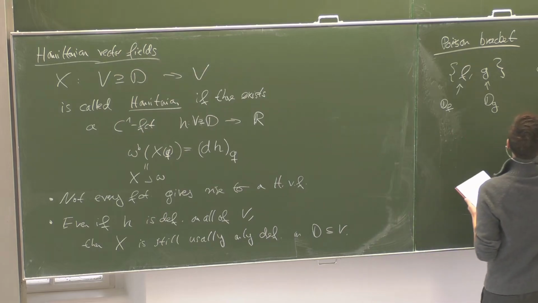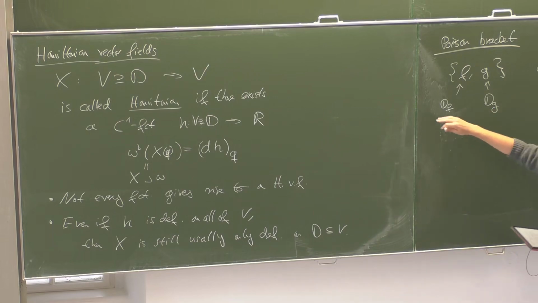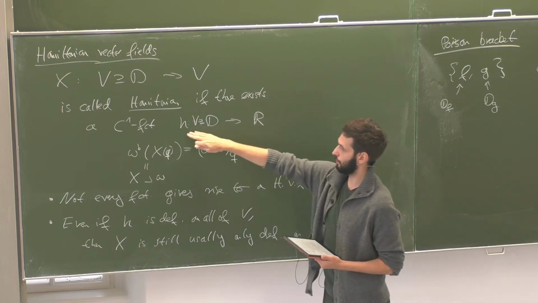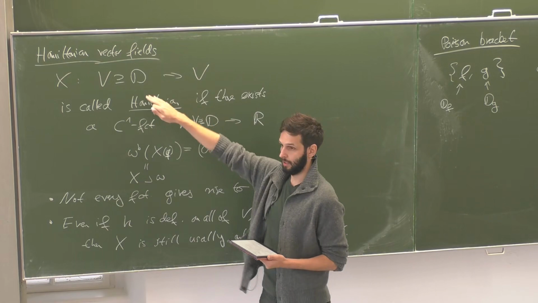You mean d of f is the domain on which the Hamiltonian vector fields exist, probably? Yes, by assumption, I always assume that my Hamiltonian function also has the same domain.